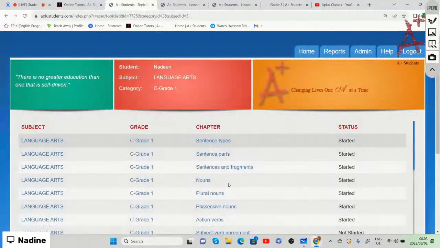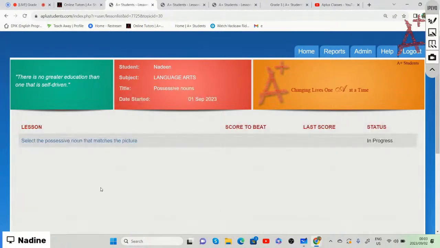Once you've selected it, you're going to scroll down the chapters up until you get to the chapter of possessive nouns. In that chapter, we are going to focus on the lesson of selecting the possessive noun that matches the picture.